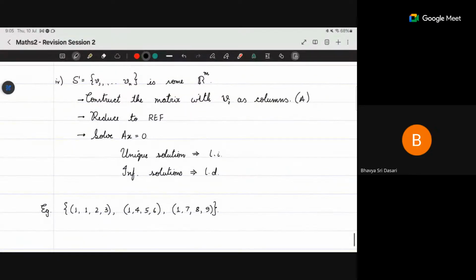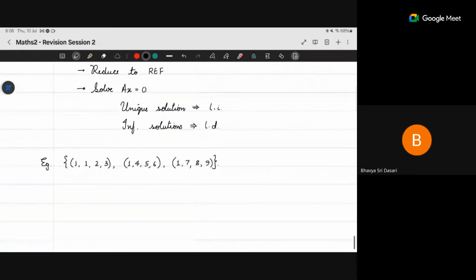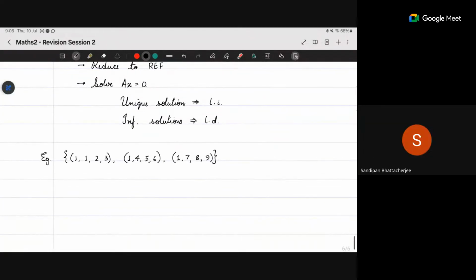You will be dealing with only Rm or subspaces of Rm, but let me not make it more confusing. So this is linearly dependent, right? Why do you say that? Because v3 equals v2 minus v1.